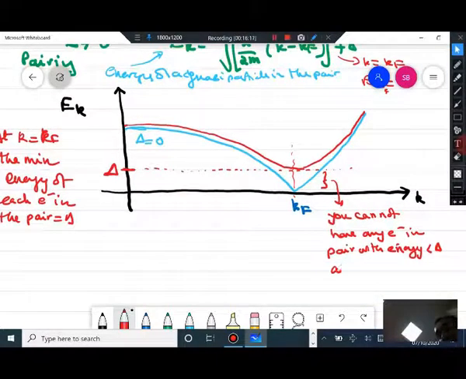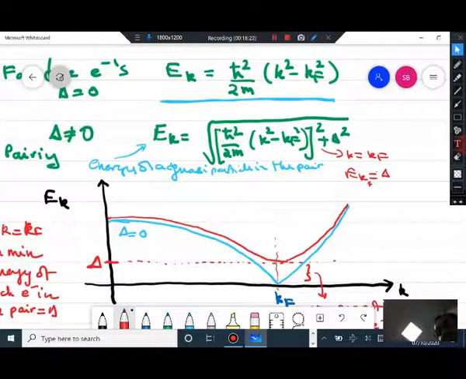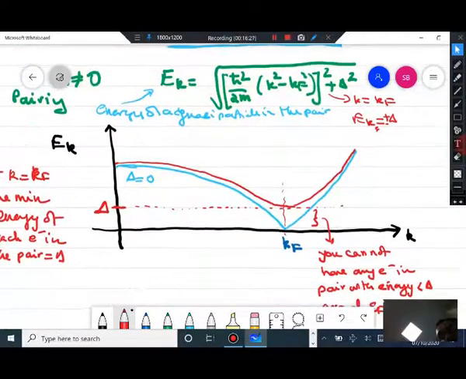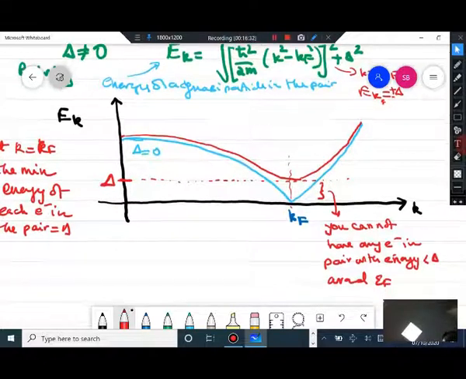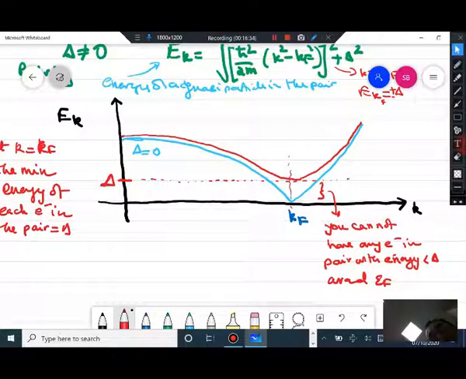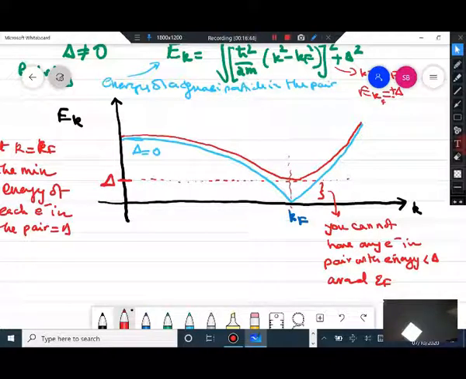All of this is measured around EF. In fact, this is plus minus delta; we just show it for plus delta. So around the Fermi energy, you cannot have any particle with energy less than delta. You can have individual electrons which have an energy above delta, but below delta, when you have any sort of pairing in the system, you cannot have electrons.